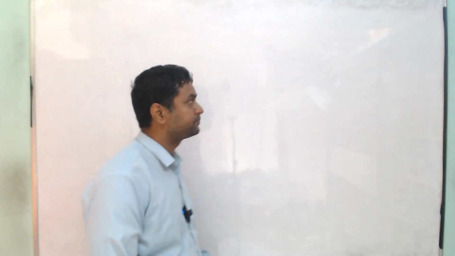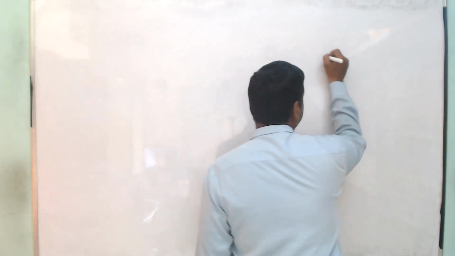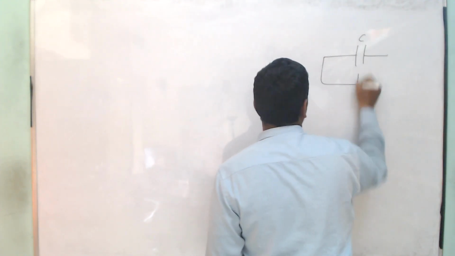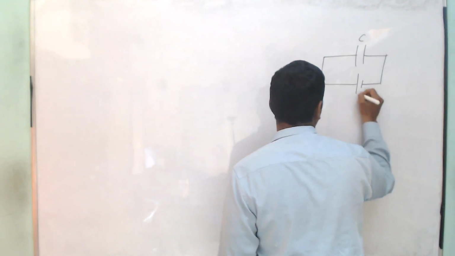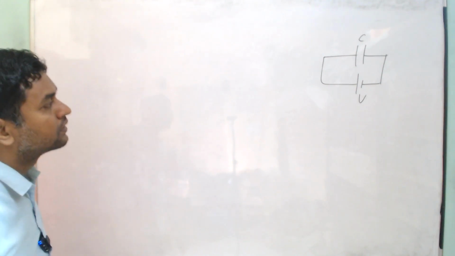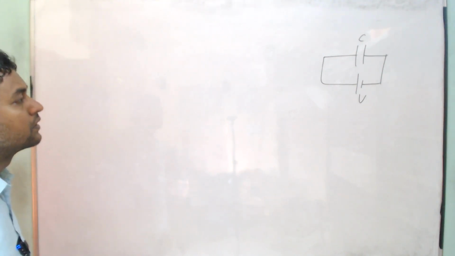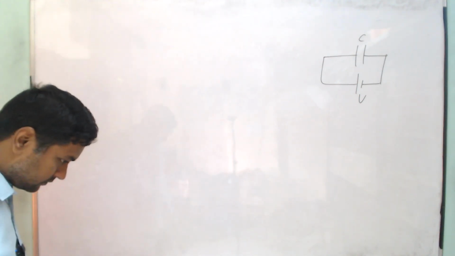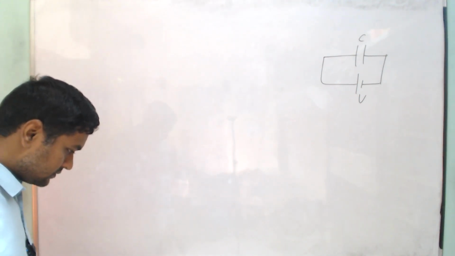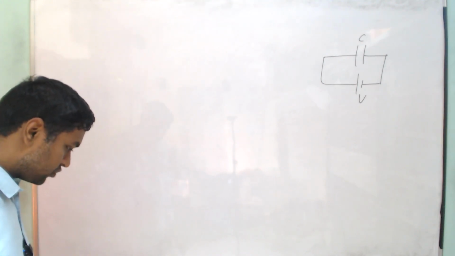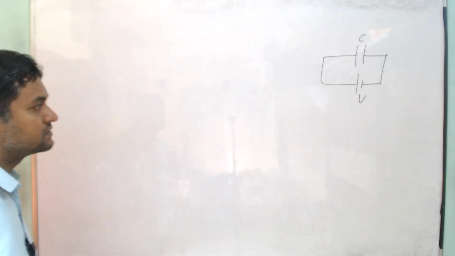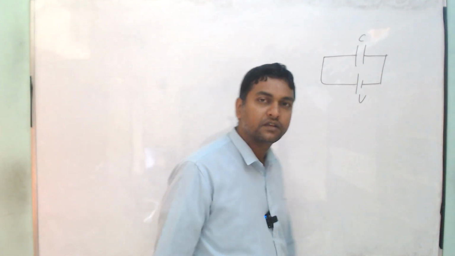Number 2. Again, I have a capacitor of capacitance C attached to a battery of potential difference V. Now, I am going for no detaching of the battery.